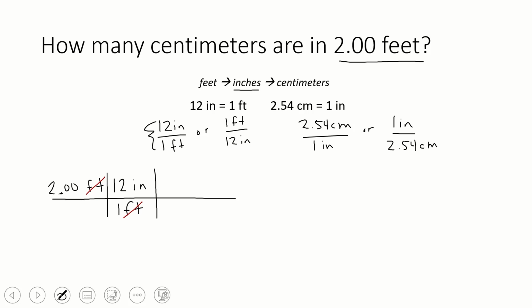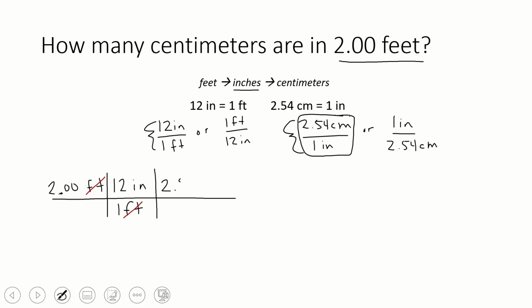From there, I'm going to multiply by another equality, and this time I want to get to centimeters, so I'm going to use a conversion factor that relates inches and centimeters. I want to be left over with units of centimeters, and I want to cancel out my units of inches, so this conversion factor makes the most sense.